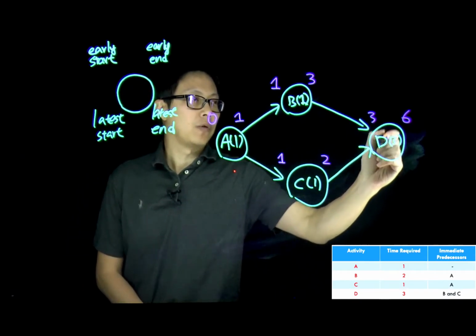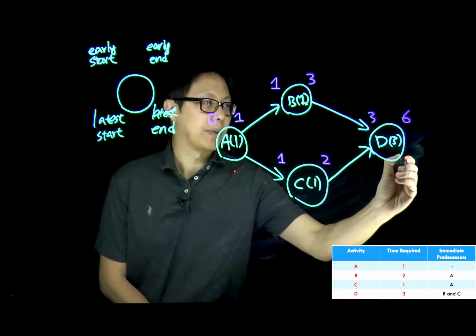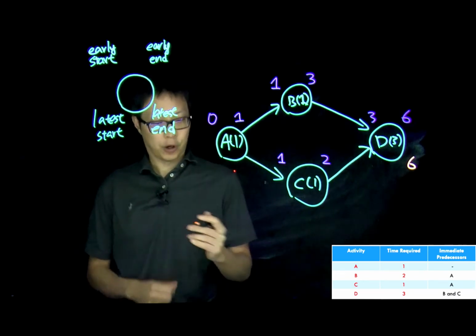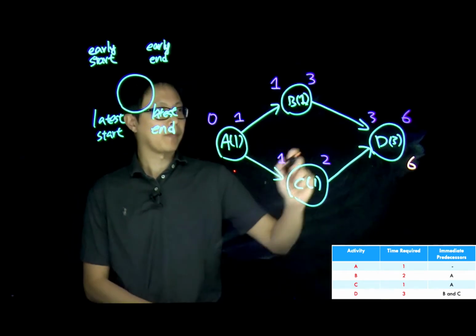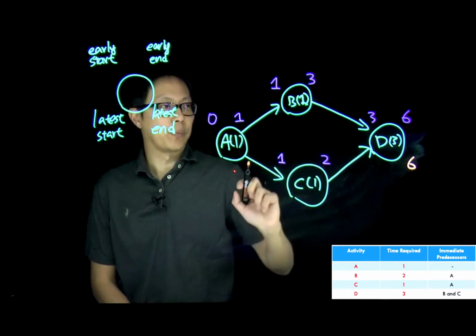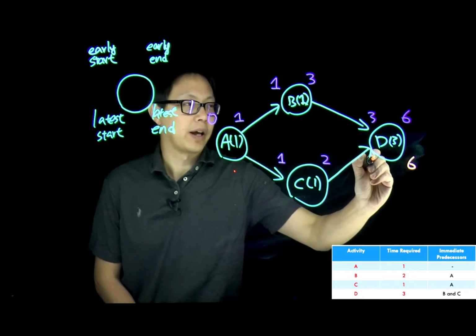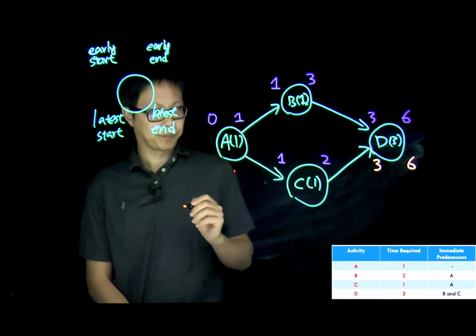We know we need to finish activity D at 6, so the latest finish time will also be 6. If we need to finish at 6 and the duration is 3, the latest start time will be 3.